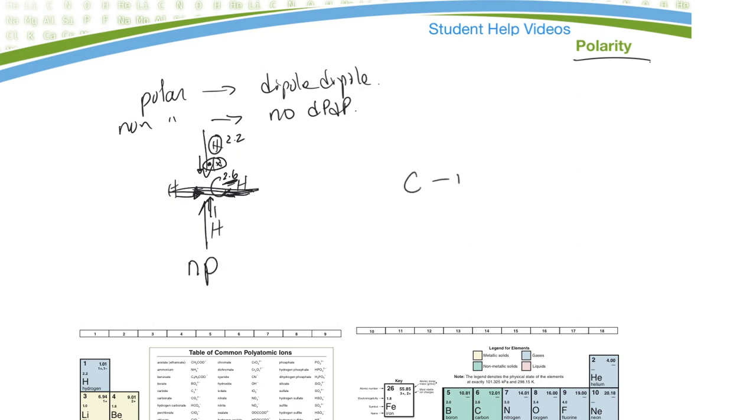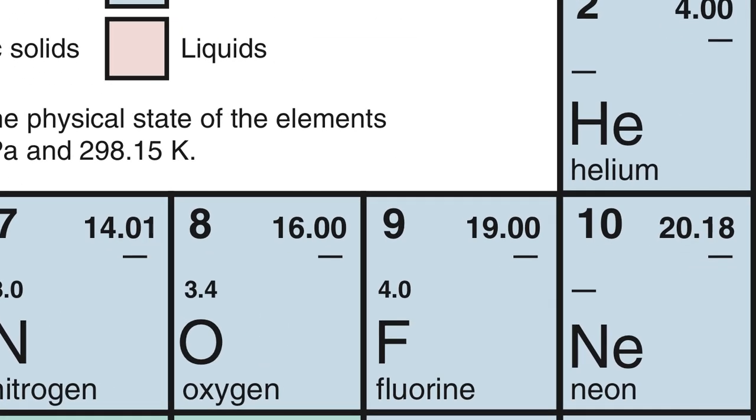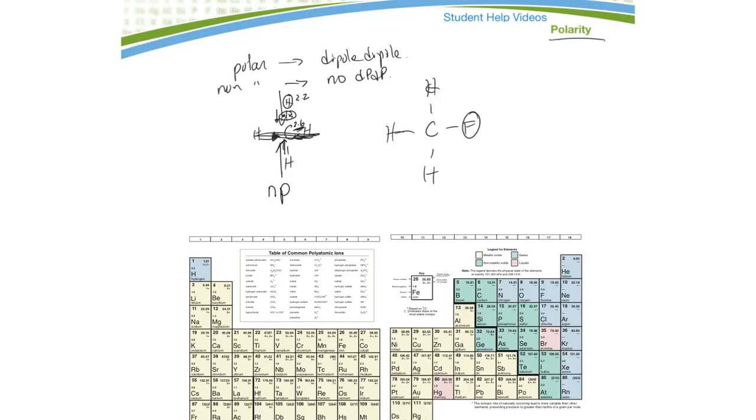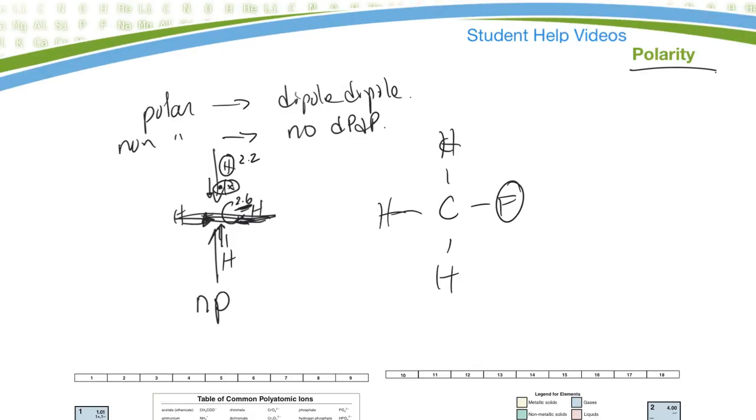Whereas you compare it to this molecule, H. Here, I've got a fluorine instead of a hydrogen, and fluorine's electronegativity is 4.0. And so these electrons here will be pulled way more toward the fluorine.